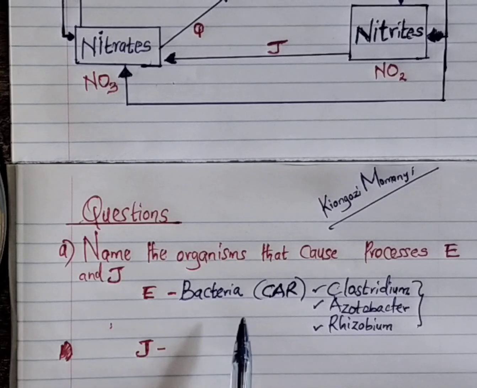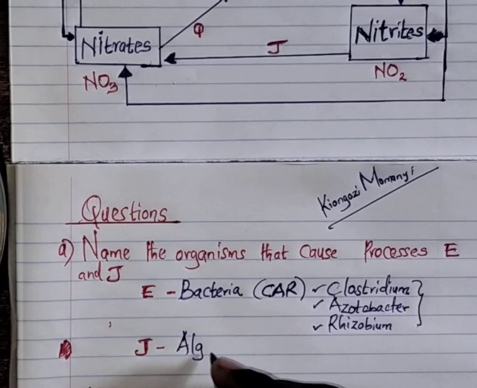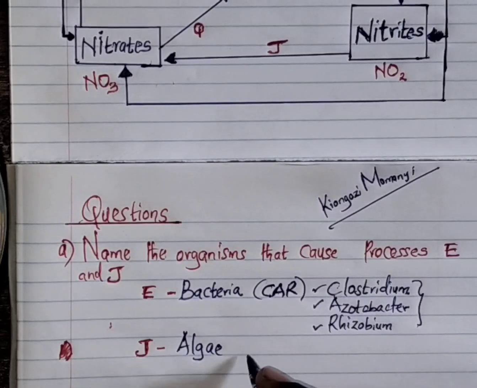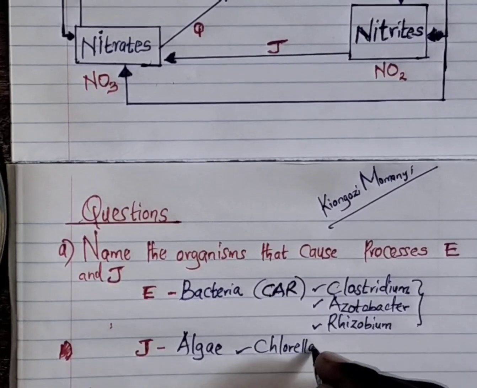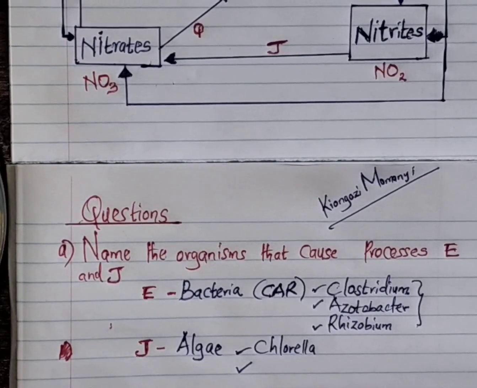Another category of organisms is algae. We can also give examples of algae. We have chlorella. We also have anabaena.